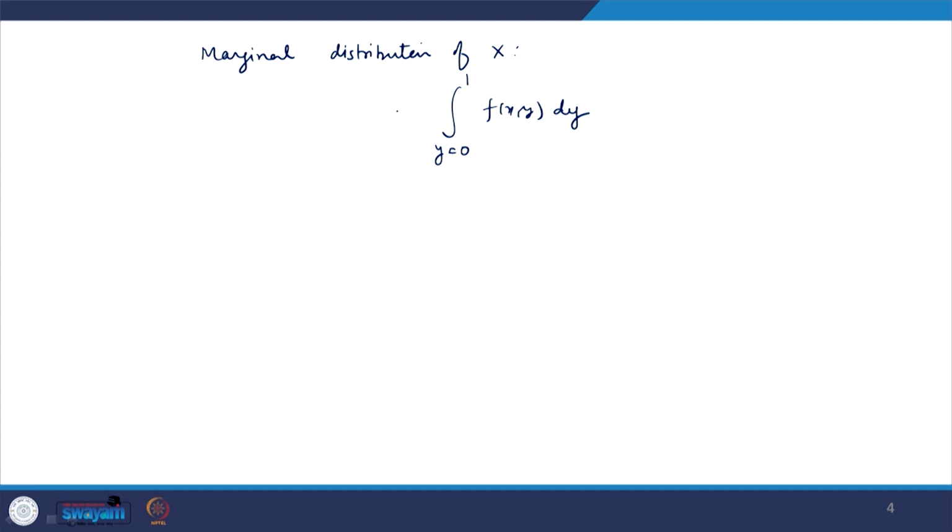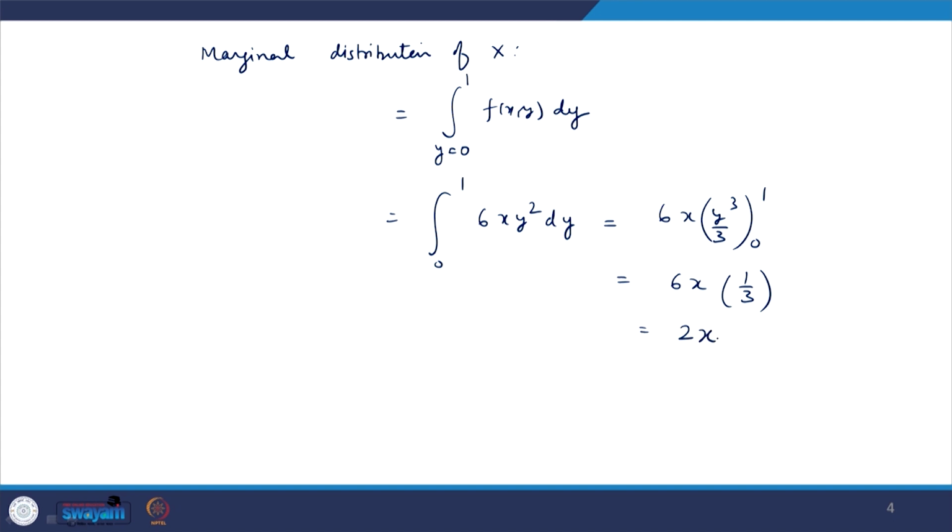So, this is the integral from 0 to 1 of 6 x y square dy. So, this is 6 x y cube upon 3 from 0 to 1, and this is 6 x into 1 by 3, which is 2 x. So, this is the marginal distribution of x for this PDF.